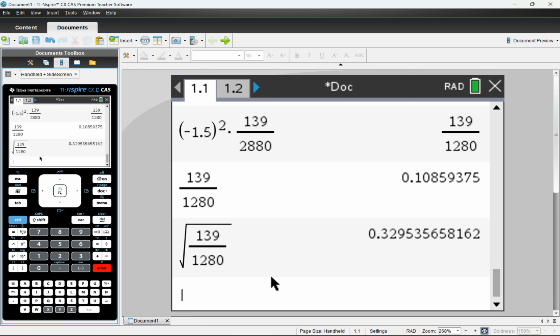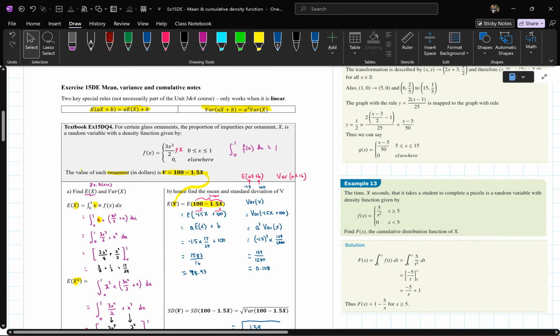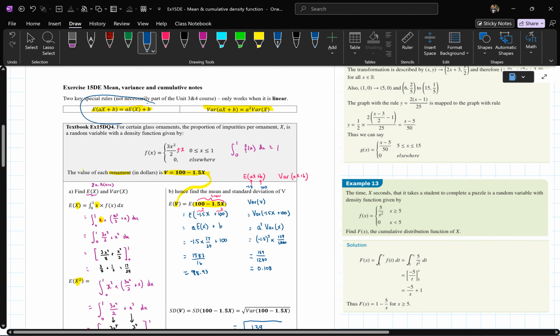Did you guys get 0.3295? Good. So that is 15D, adding in that extra bit here.